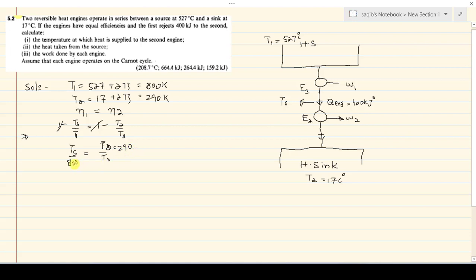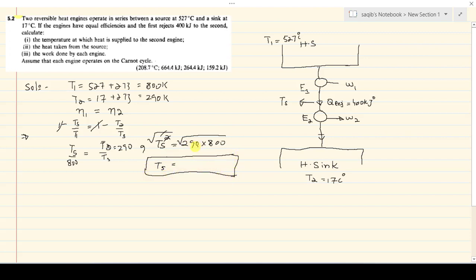Multiply this 800 and 290, and Ts becomes Ts square, so Ts square equals 290 multiplied by 800, take under square root. This Ts is the temperature that is rejected by the first engine.